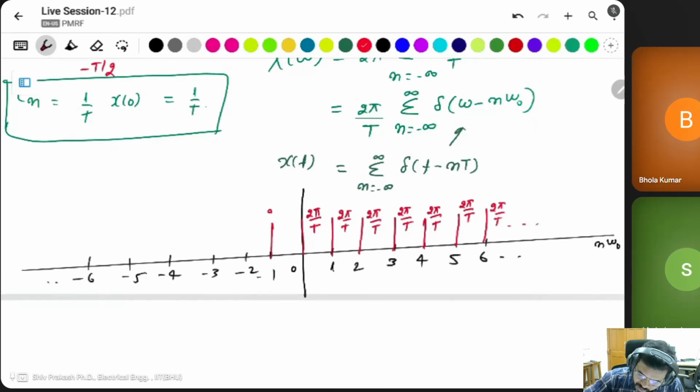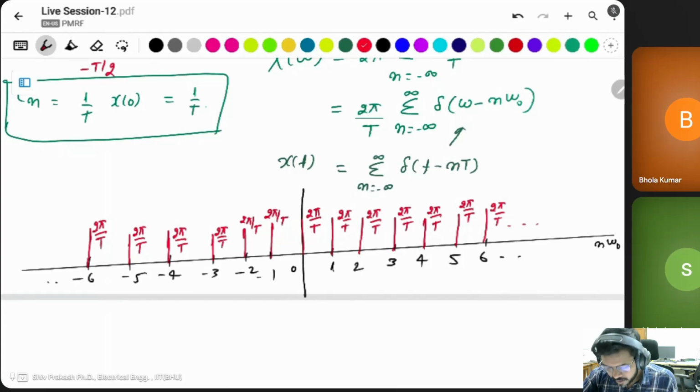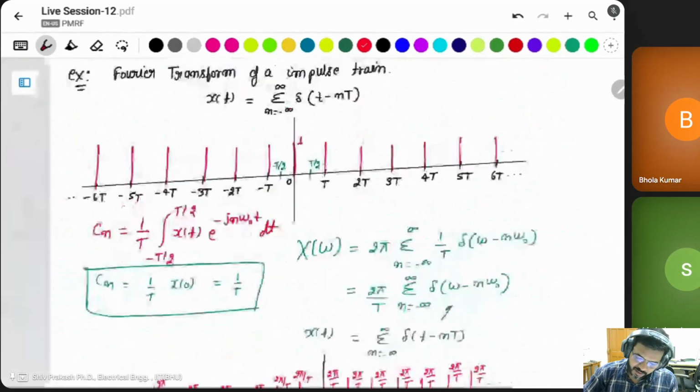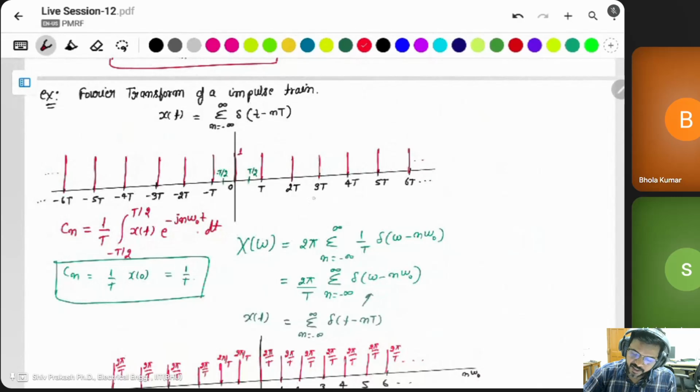Here also this function is 2 pi by T, 2 pi by T, 2 pi by T. This is the Fourier transform of the impulse train. This is the impulse train in time domain.